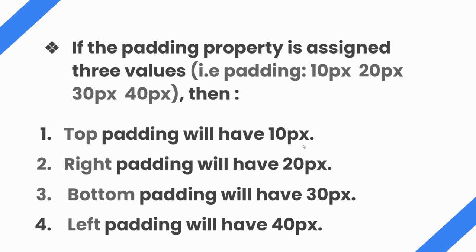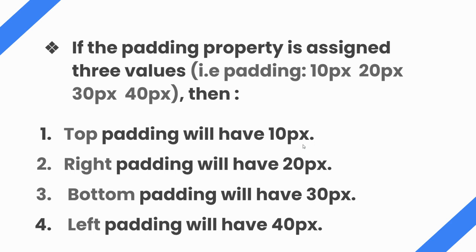Each of these values is assigned to each of the padding properties, but there's a particular order it follows. It doesn't follow the order of top, bottom, then right and left. No, it follows the order of top, right, bottom, left. The first value is assigned to the top padding of the element, then the second value is assigned to the right padding. Then the third value, 30 pixels, is assigned to the bottom padding, and the last value is assigned to the left padding.